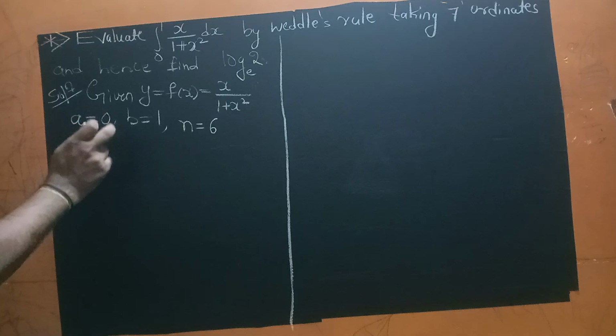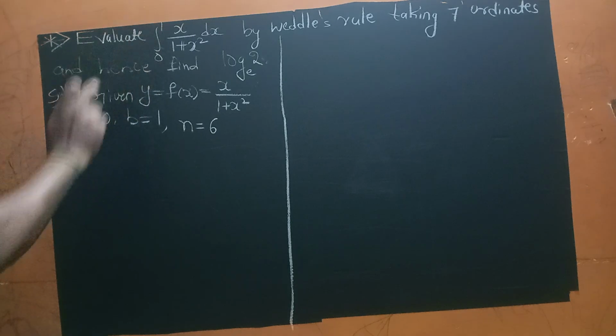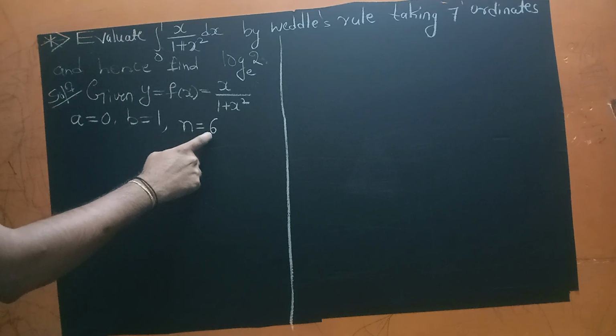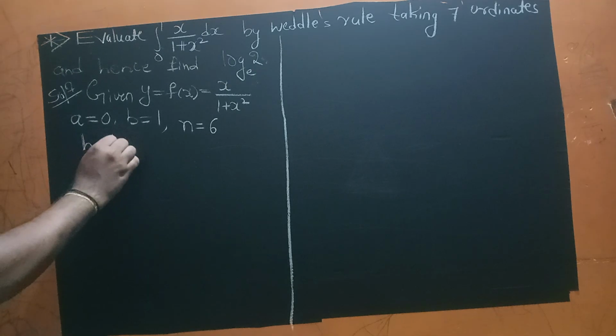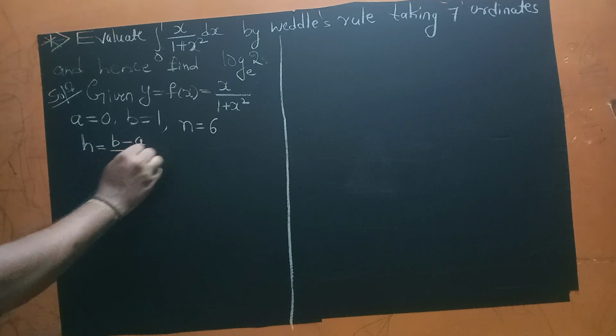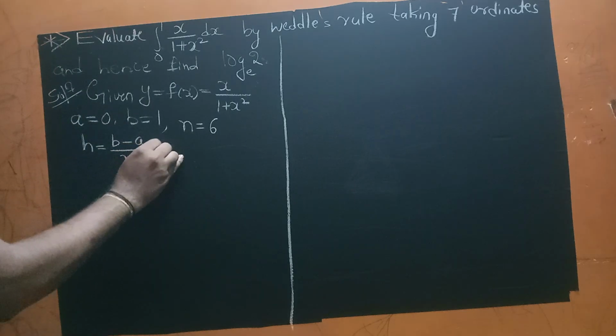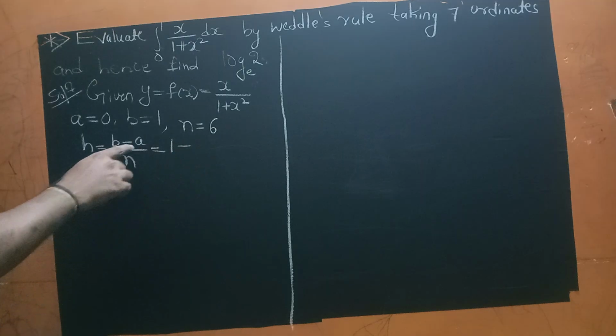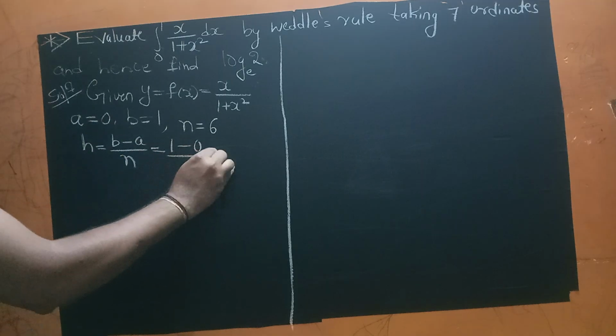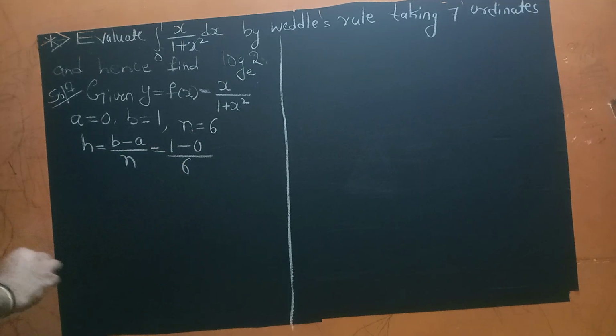Now, we have to divide the interval 0 to 1 into 6 equal parts by taking a proper step size h. h equals b minus a divided by n. Here b is 1, a is 0, n is 6.